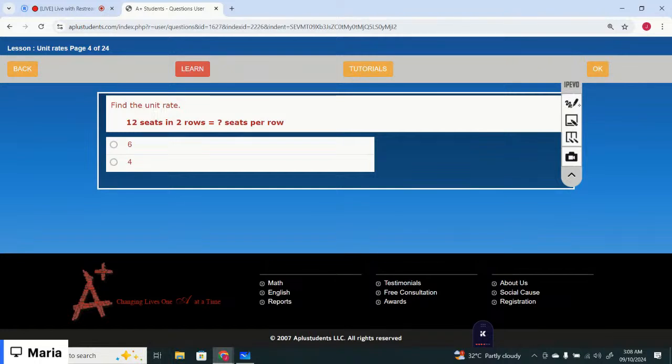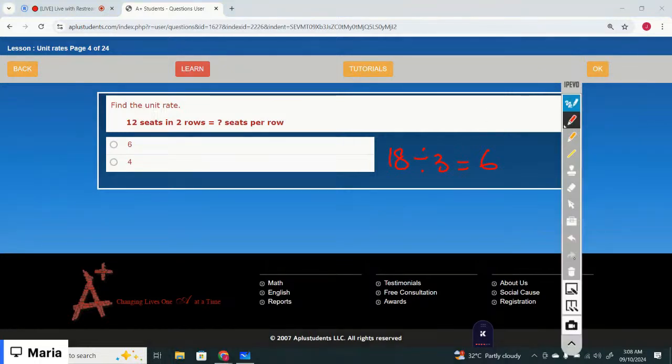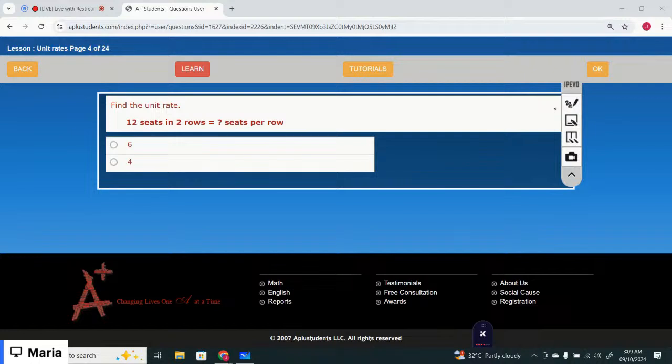You have to divide 12 by 2. So 12 divided by 2 is 6. The correct option is 6 seats per row. Option number 1 is the correct option.